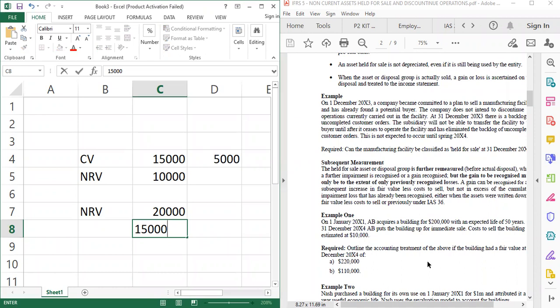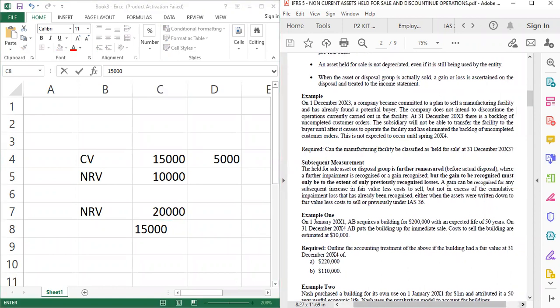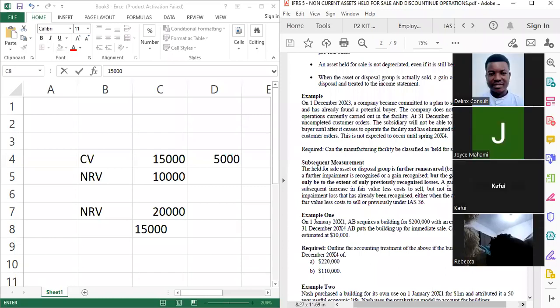The subsequent measurement, basically, we are talking about the asset held for sale or disposal group is further remeasured before actual disposal, where a further impairment is recognized or gain recognized, but the gain to be recognized must only be to the extent of previously recognized losses.